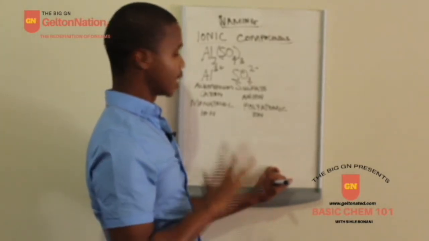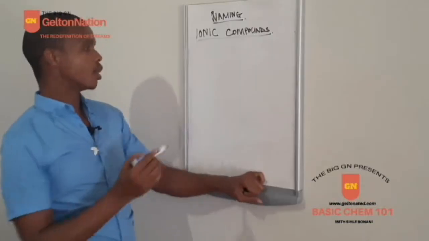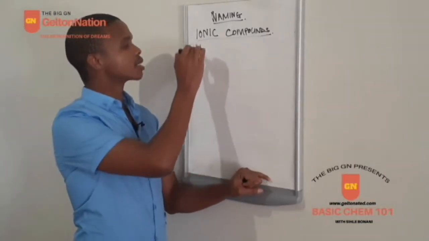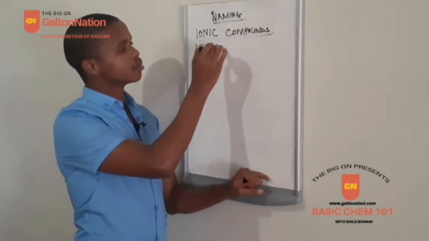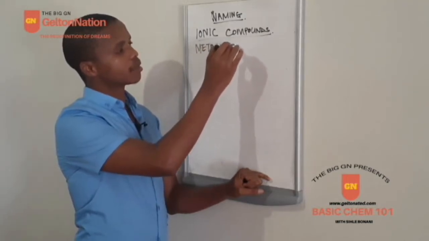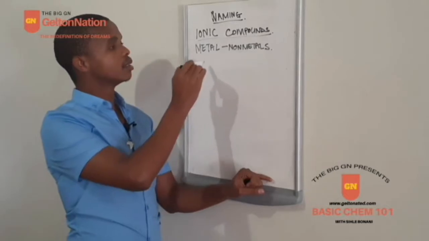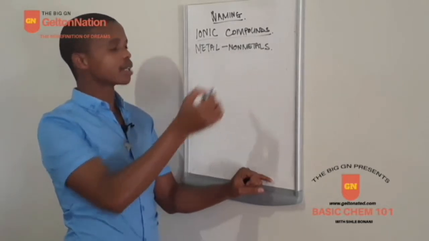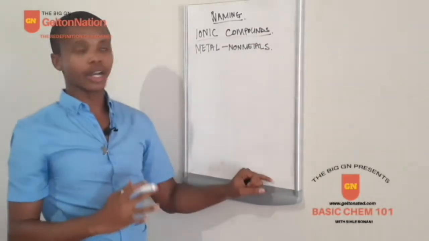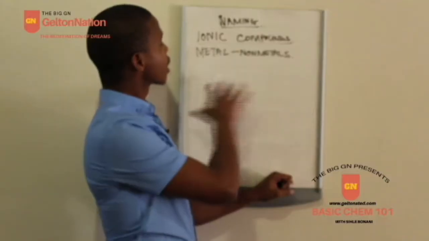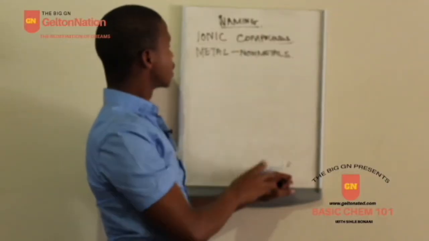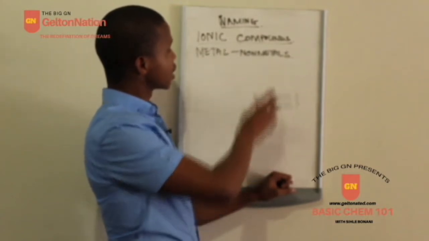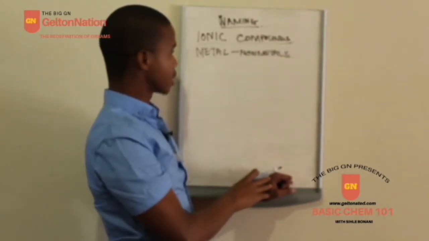As you would know, your ionic compounds are mostly metals bonded to non-metals, your metal being your cation, your non-metal being your anion. So there are rules in predicting the charges of your metals and of your non-metals.